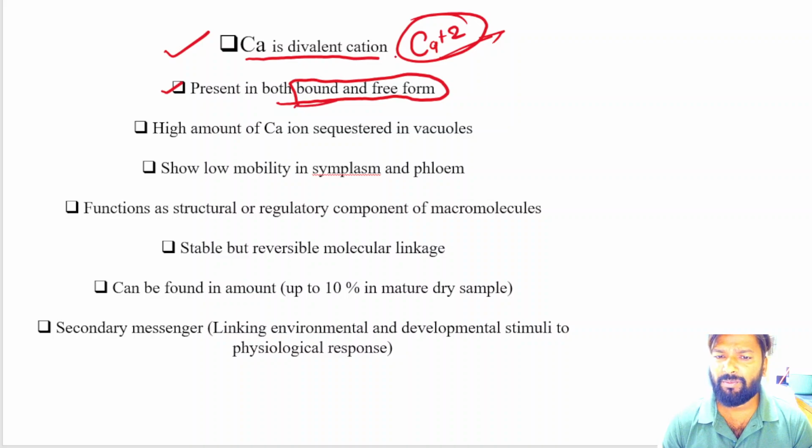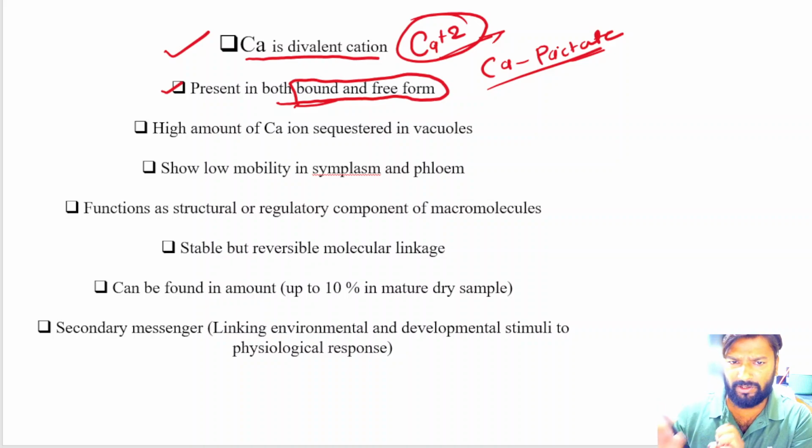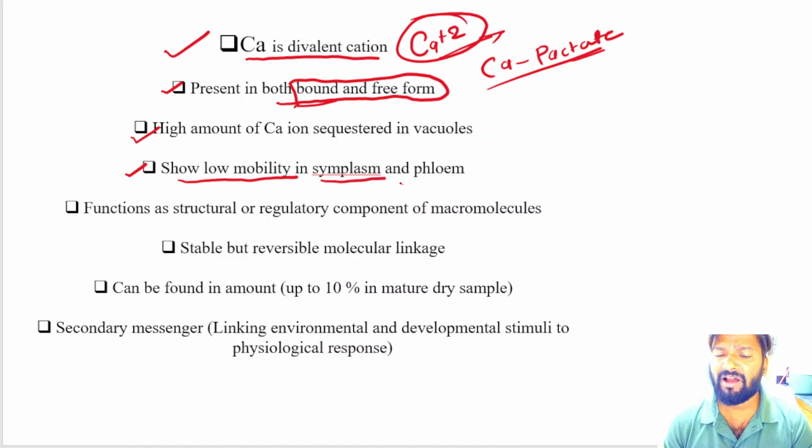It can also be bound like calcium lactate. So it can be bound to the macromolecules. Third point is that a high amount of calcium ions are sequestered in the vacuole. Fourth point is that calcium shows low mobility in the symplasm and the phloem.